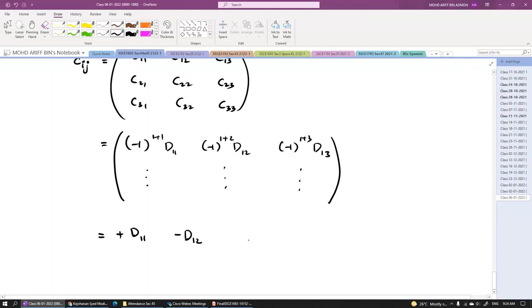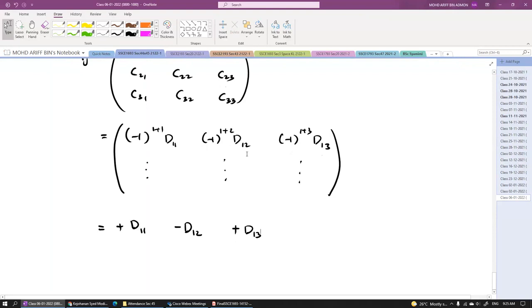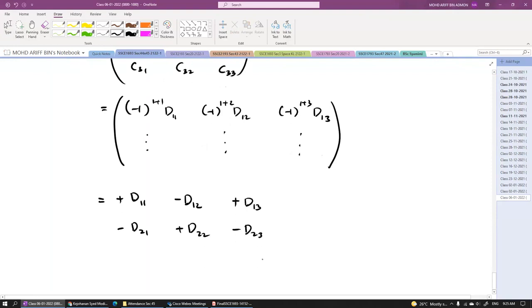Power of 4, even number, positive. So plus, minus, plus. Then proceed, 2,1: odd, so negative. Then positive, negative, because 2 plus 3 is 5. Then positive, negative, and back to positive.